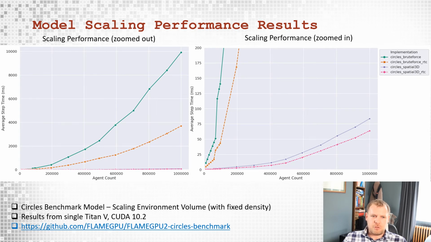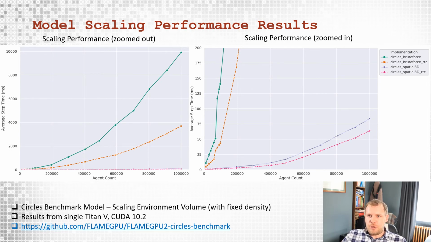Both of these graphs show exactly the same data, it's just one of them is zoomed in. Obviously brute force communication takes considerably longer than spatial. We see that the impact of using runtime compilation is quite significant, almost a 2x performance improvement over the non-RTC build.